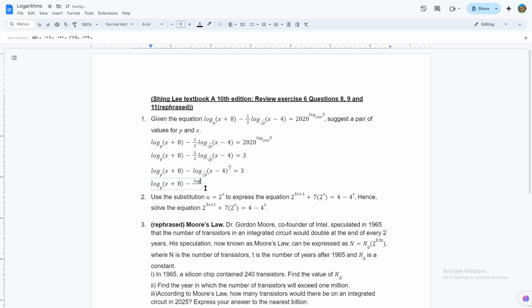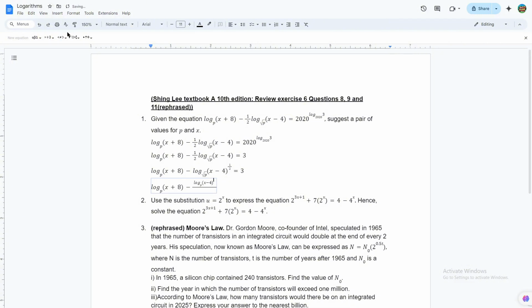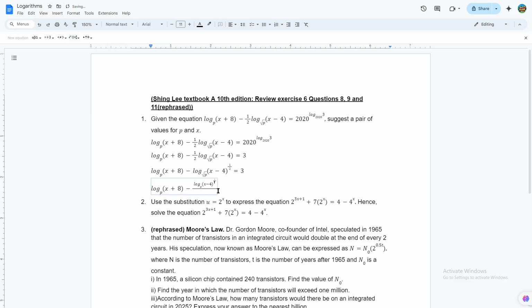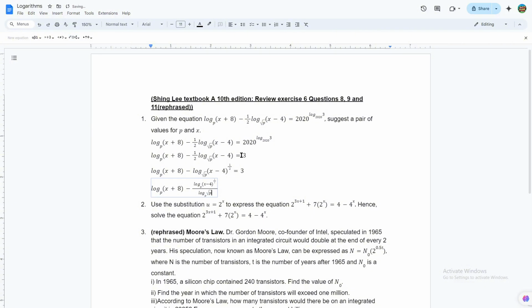So we got log base p of (x minus 4) to the power of half, and the bottom will be log base p of square root p, and this will give us 3.